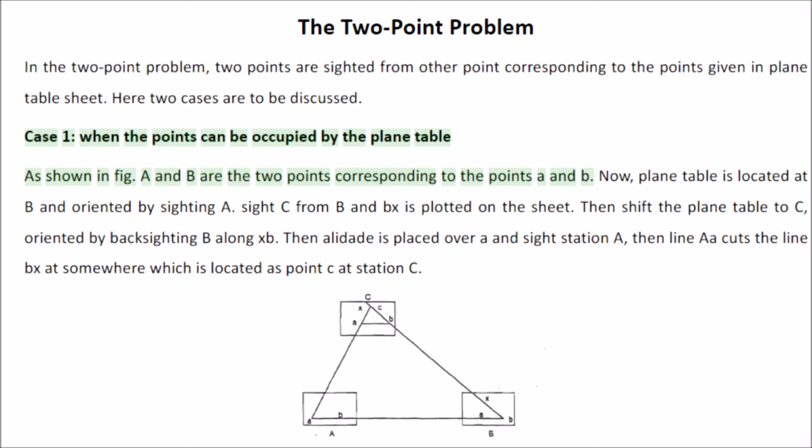When the points can be occupied by the plane table, as shown in figure A, and B are the 2 points corresponding to the points A and B. Now, the plane table is located at B and oriented by sighting A from B, and BX is plotted on the sheet. Then shift the plane table to C, oriented by backsighting B along XB. Then the alidade is placed over A and sight station A. Then the line cuts the line BX at somewhere, which is located as point C at station C.